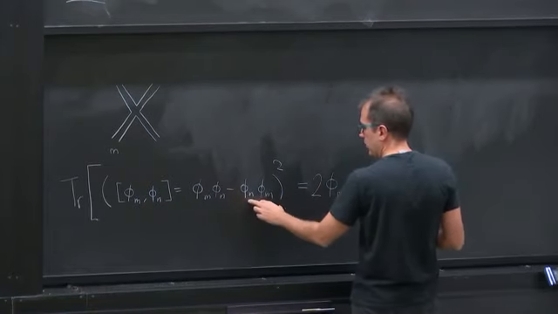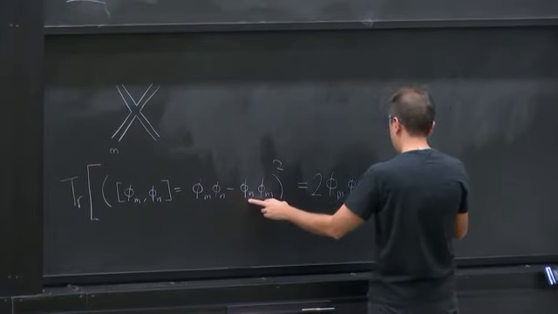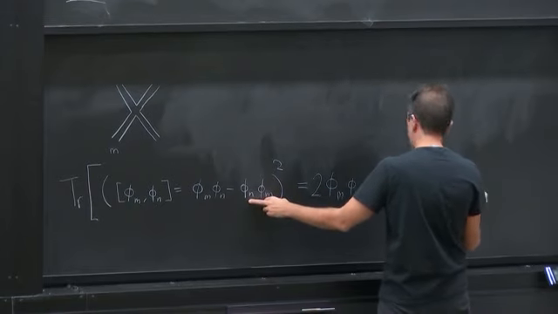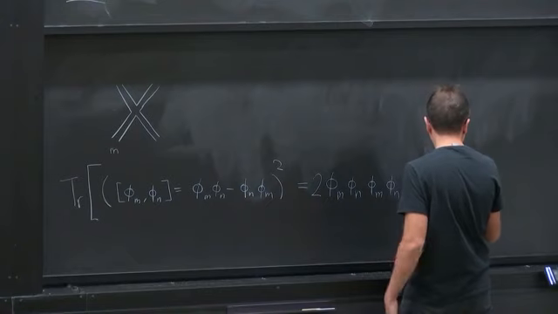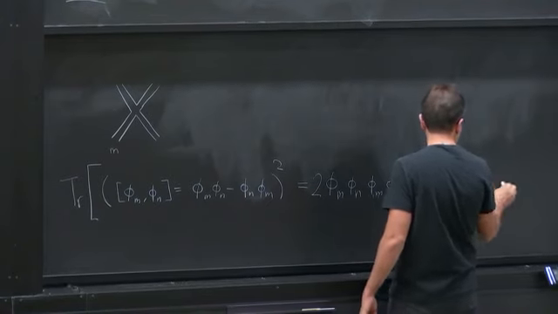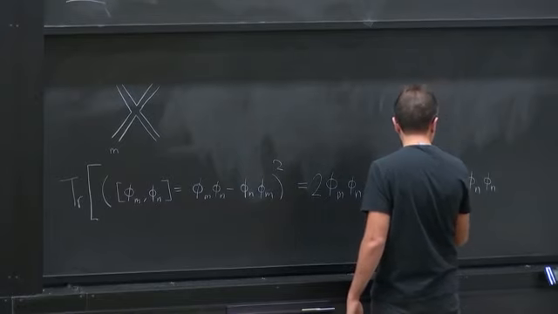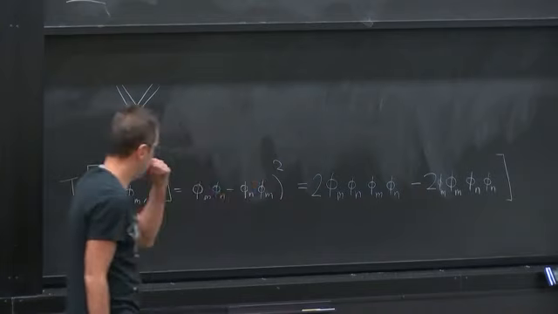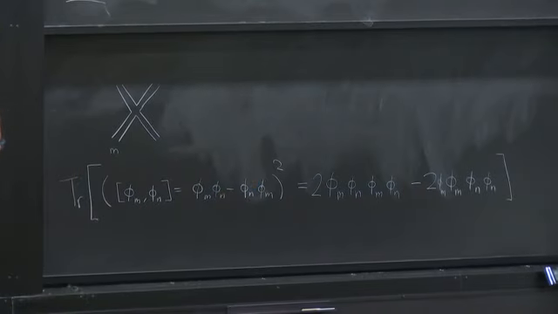And then we have the cross term, which gives me minus 2 pi m, pi n, pi n, pi m. In other words, I can put the phi m here in the middle because it's in the trace. You agree?